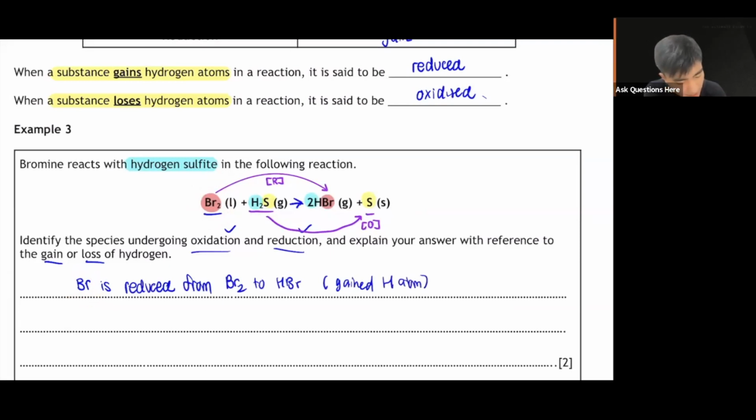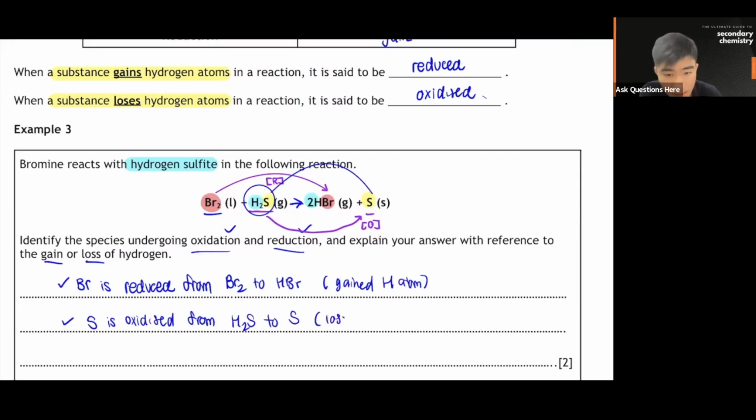Now, you must also tell me what is getting oxidized. Oxidized is sulfur, right? So you cannot tell me H2S is oxidized because whatever that is left on the right hand side is only sulfur, right? So you tell me that sulfur is oxidized, from H2S to sulfur itself.